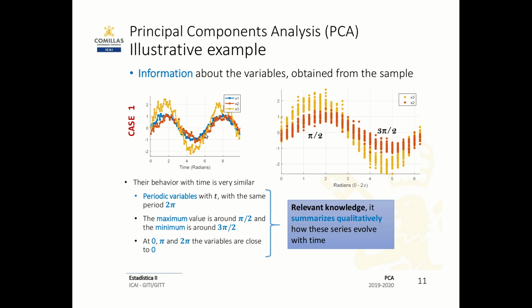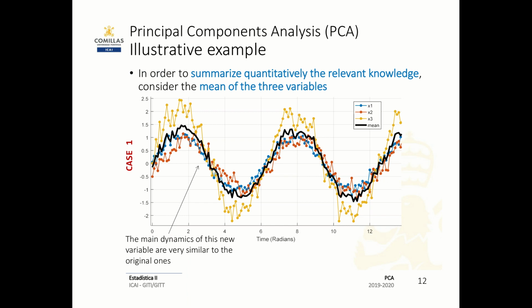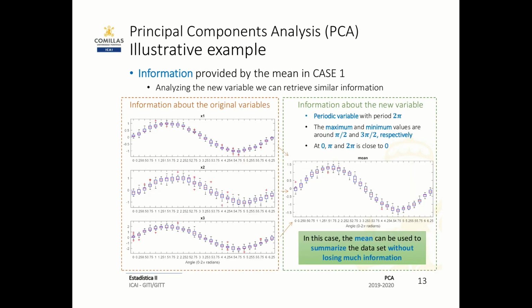So just an average of all these three signals would be a good summary of the three. So here we have the average of the three, plotted in black, and what we see is that just the mean summarizes more or less the content of the three signals.